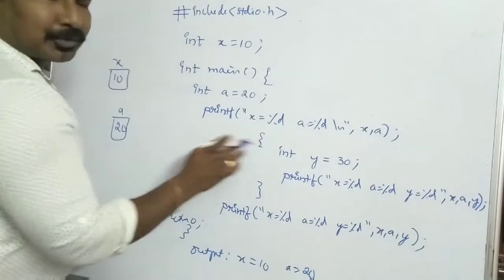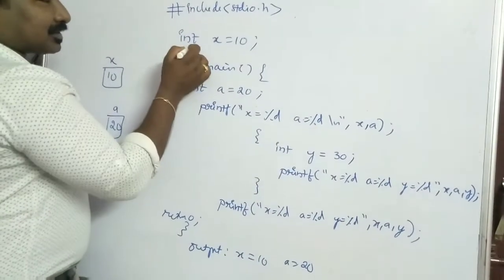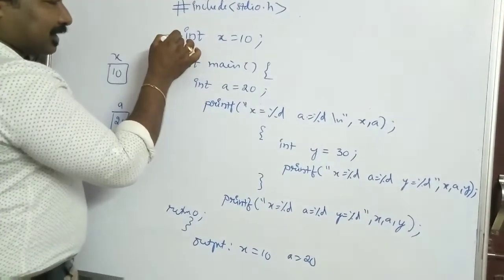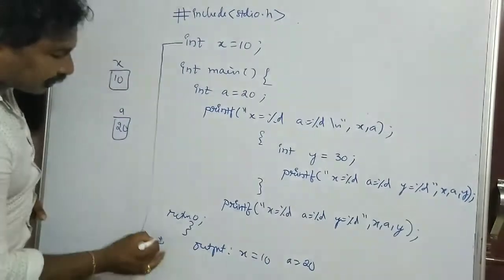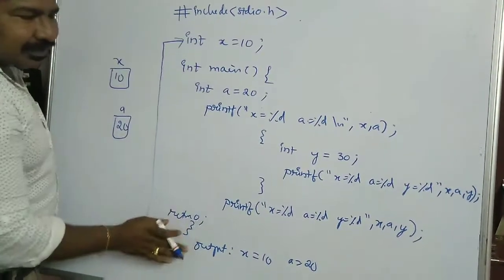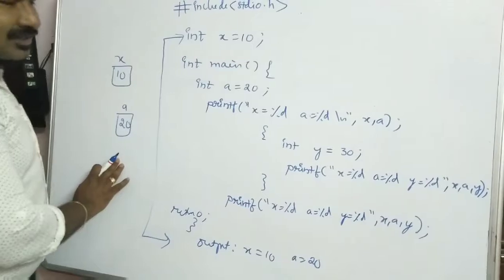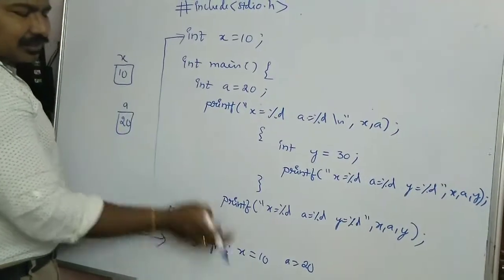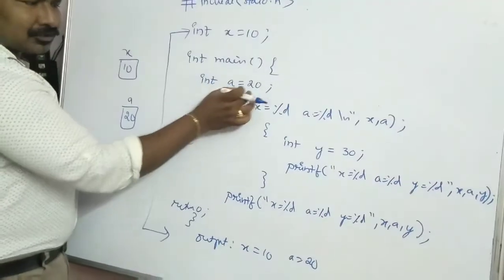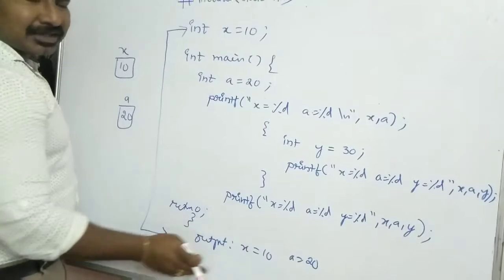This is no problem, because x is a global variable, so its scope is from here to the end of the program. Wherever I want to access x, I can easily access its value, and I also get the value of a, which is 20.